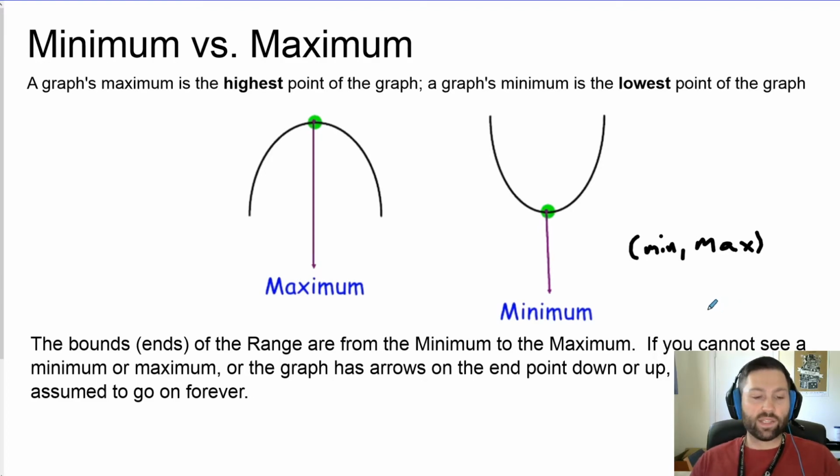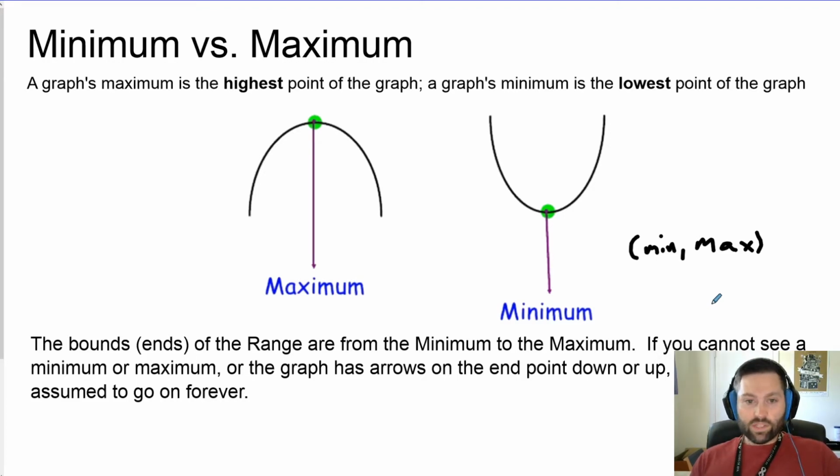If you cannot see a minimum or maximum, or the graph has arrows on it that point up or down, the graph would then be assumed to go on forever in that direction. So if the arrows point up, the graph goes on forever in that direction. If the graph goes down, then it would go on forever in that direction as well.